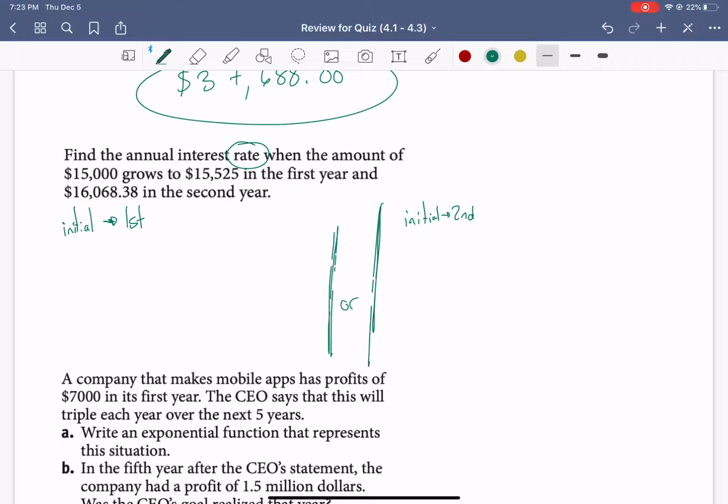All right. So if we go from initial to first, what we're saying is we're going from year 0, we have $15,000. And after 1 year, it grows to $15,525. So we could use our equation or not. This one's a little bit straightforward, so we don't have to use our equation. We could do our new divided by our old.